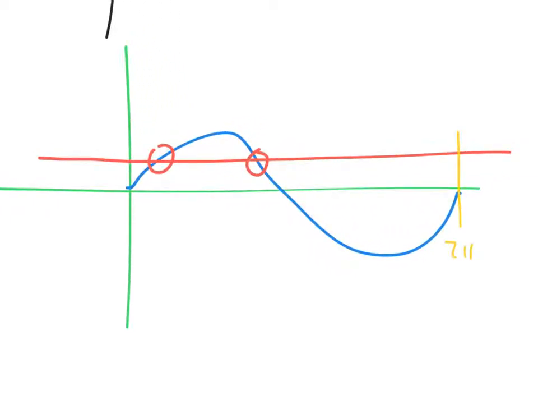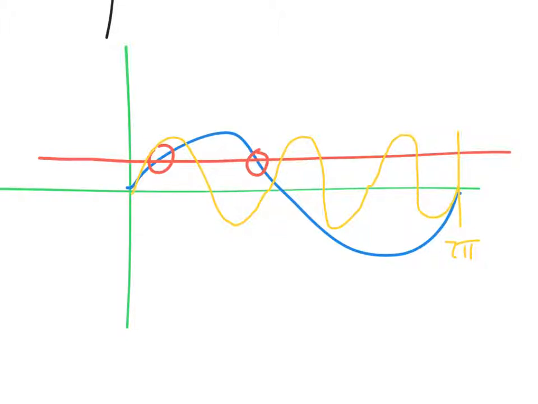That's where 2 pi is, right? And if I put a 3 on the inside, that means it's going to have a new period. It's going to complete 3 cycles by the time it's done. 1 cycle, 2 cycles, 3 cycles.